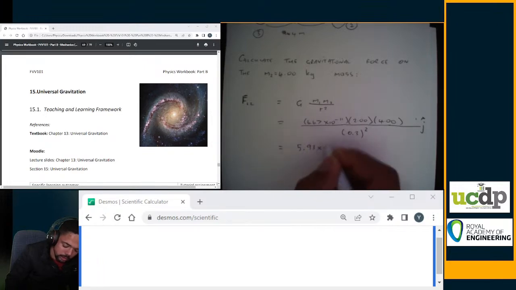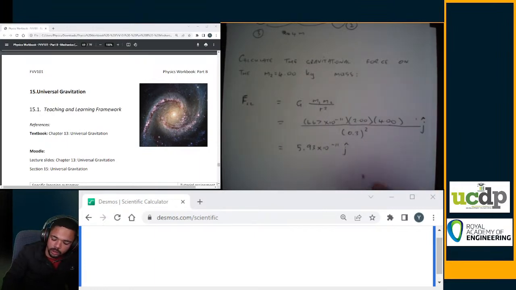It's still in the positive J hat direction, and the unit is newtons. Okay, so there we have the force between 1 and 2. Now the force between 3 and 2.